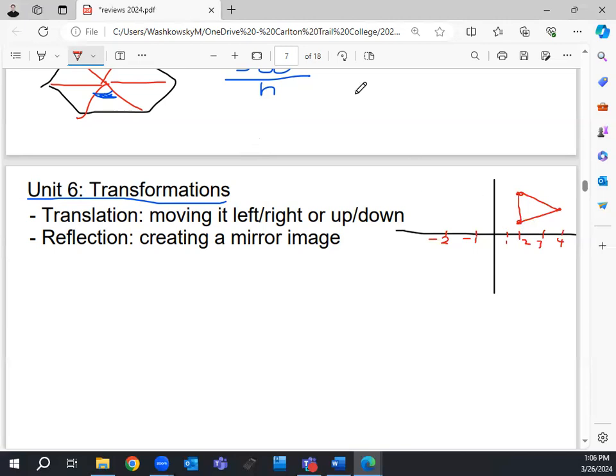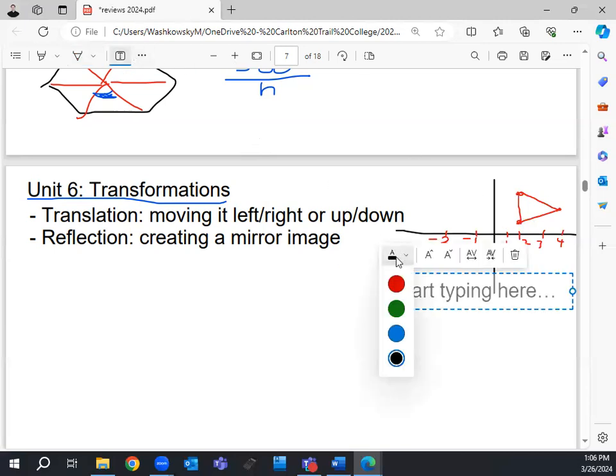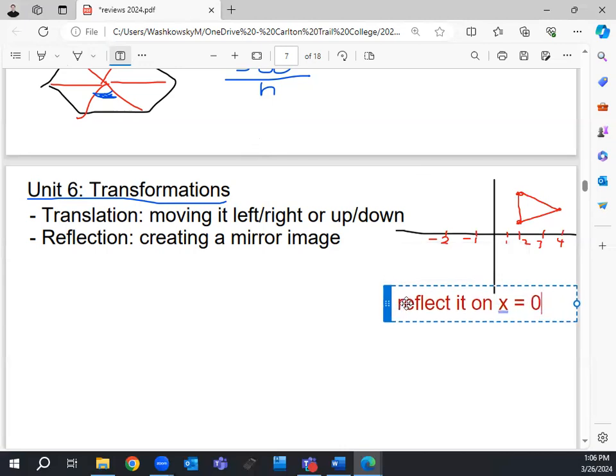If I say, hey, I want you to reflect it on x equals 0, that's my reflection line. So maybe you're given a question like this. Well, how would you do that? I would see how much distance each point is away from our reflection line, which in this case just so happens to be this one here.